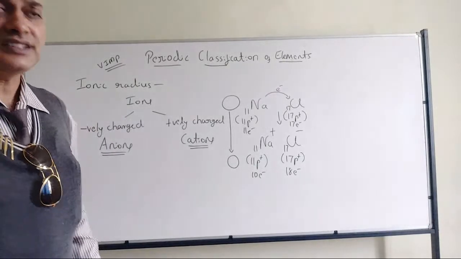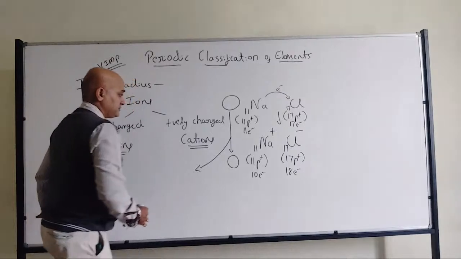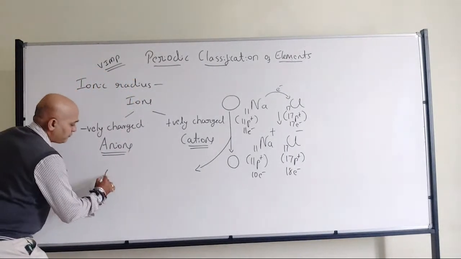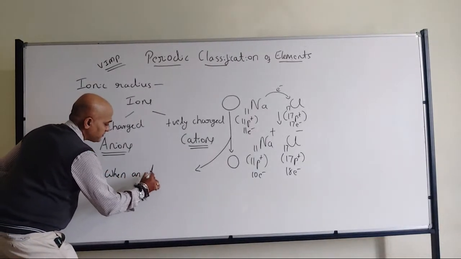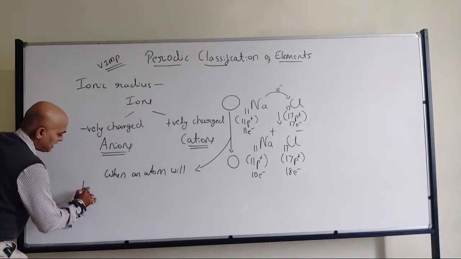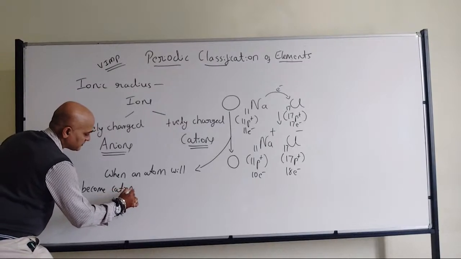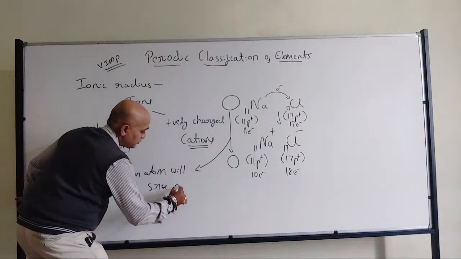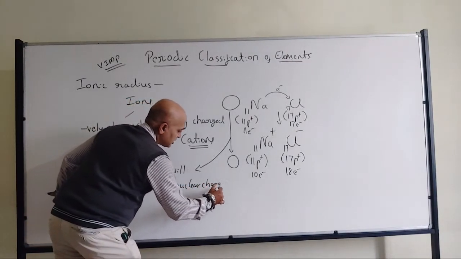Try to understand this one. What is the reason? I will give the explanation. When an atom becomes a cation, since nuclear charge, what do you mean by nuclear charge?